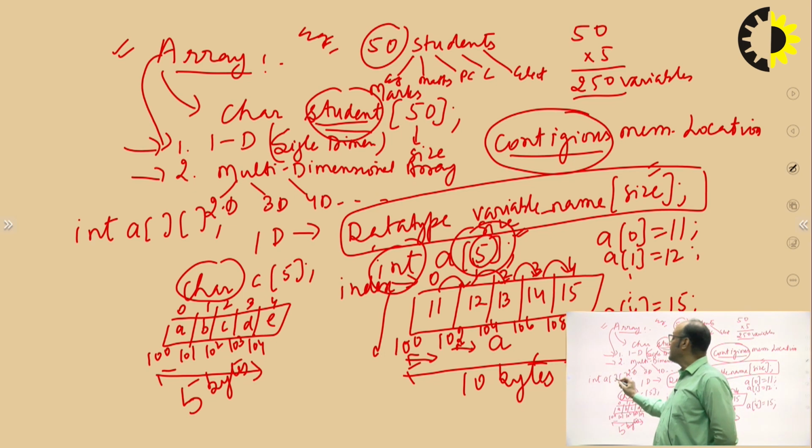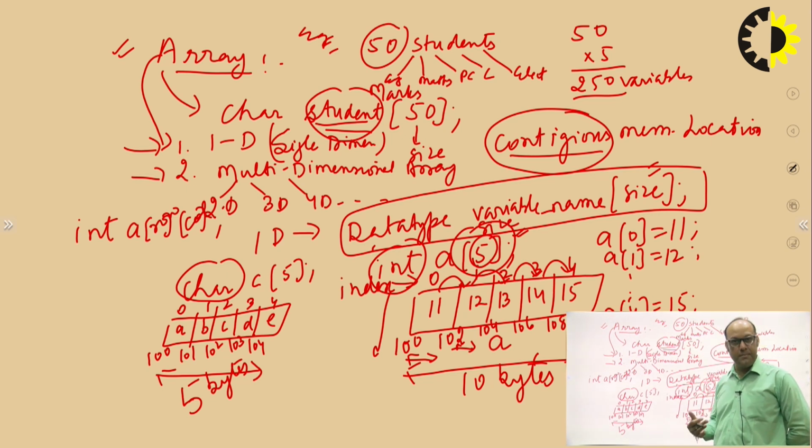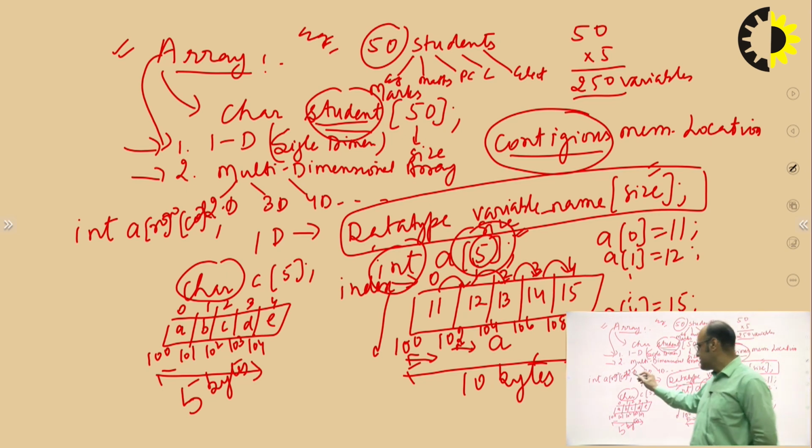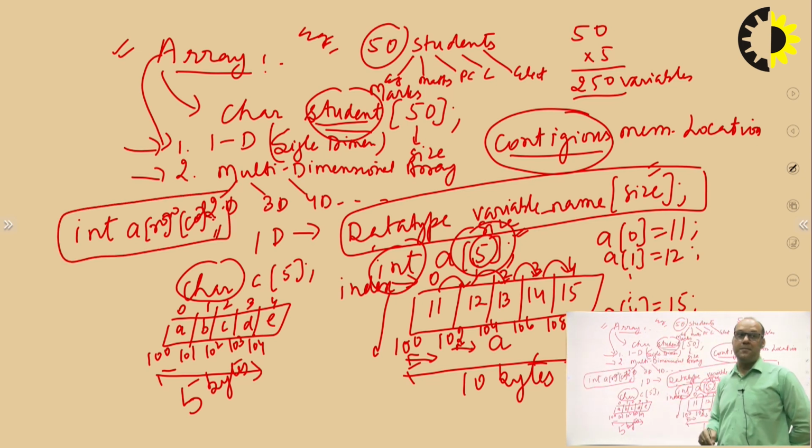Now in 2D we have taken 2 square brackets. Both will represent the size. First bracket will give the row size and second bracket will give the column size. Just like you have studied matrices in mathematics, similarly this 2D array will represent that matrix representation.